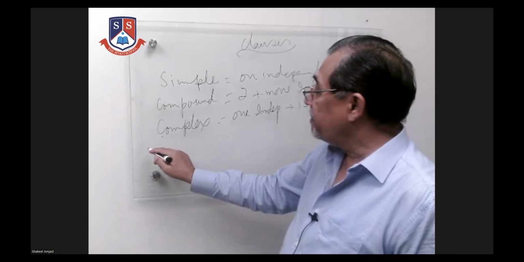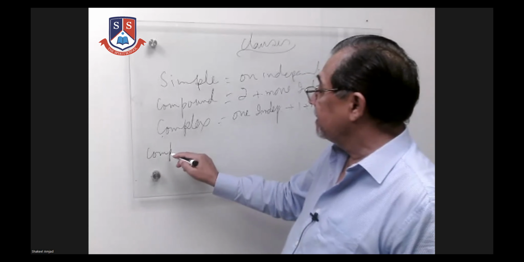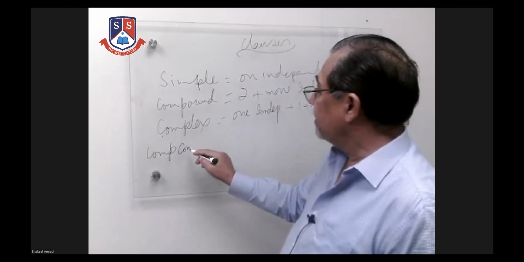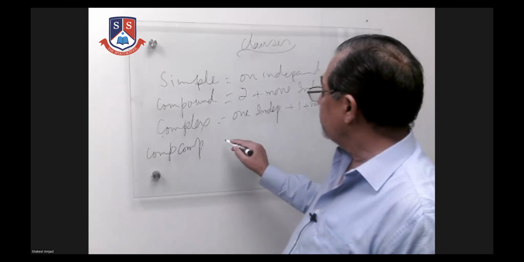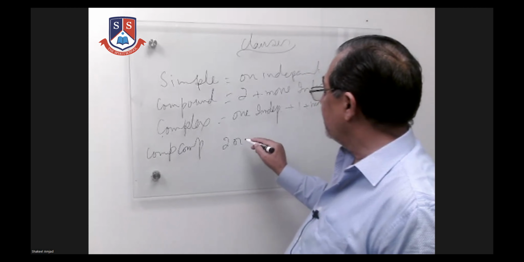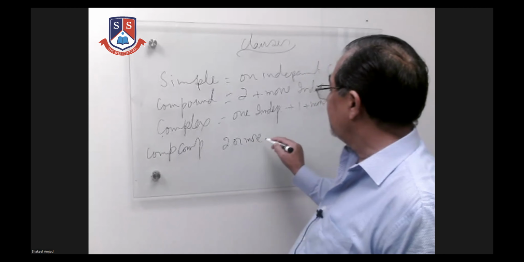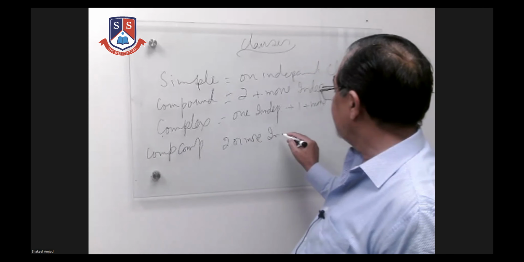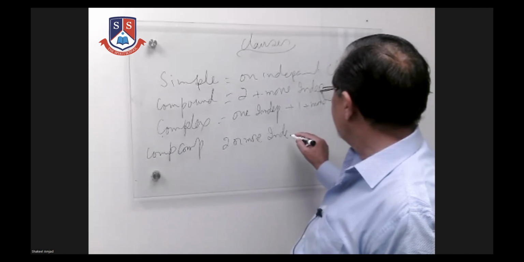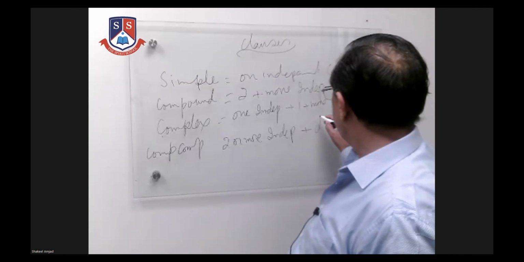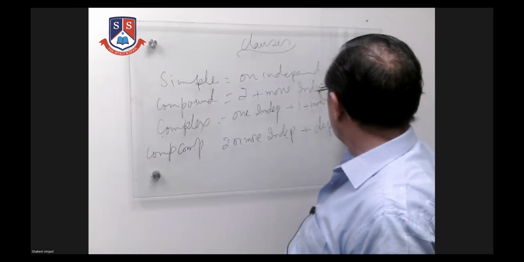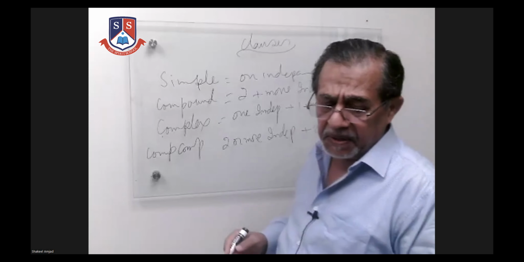And then we have compound complex: two or more independent clauses plus dependent clauses. Again, the number of dependent clauses can be any.